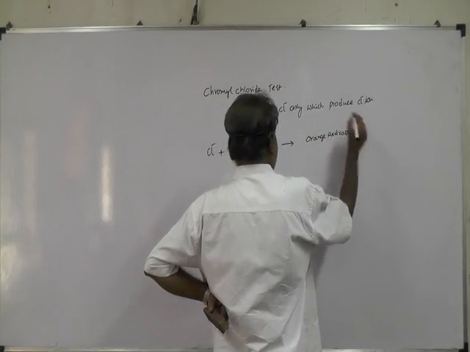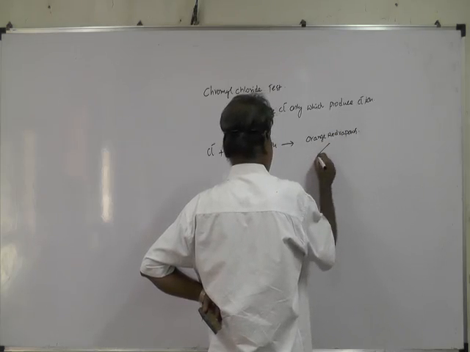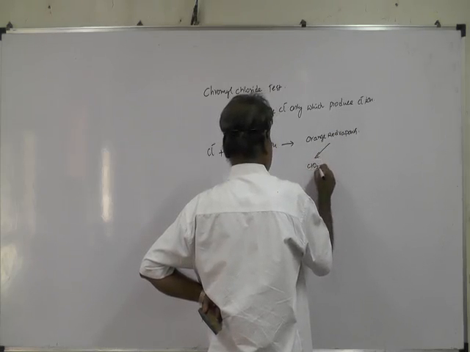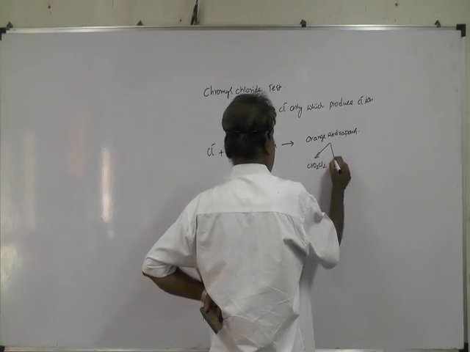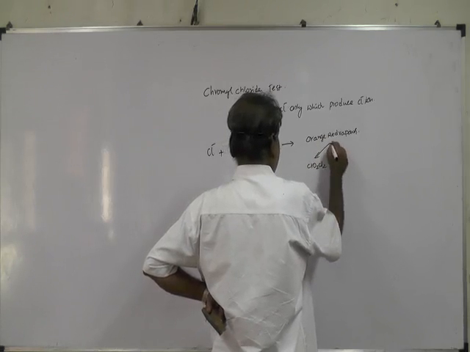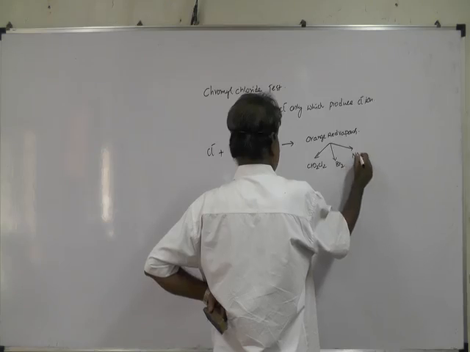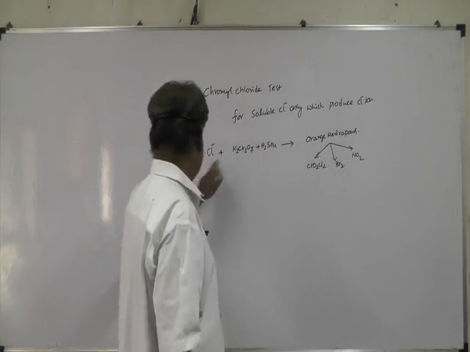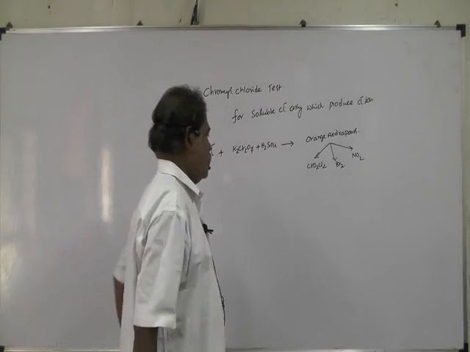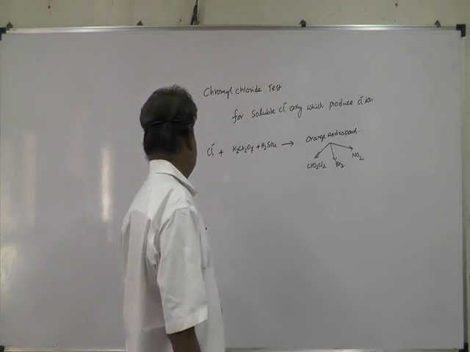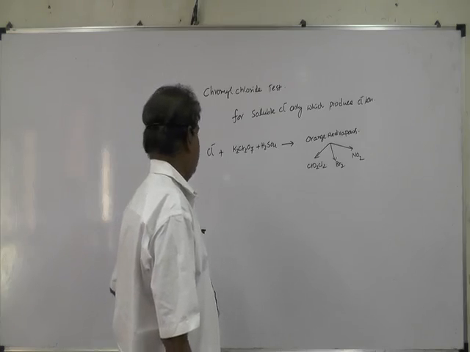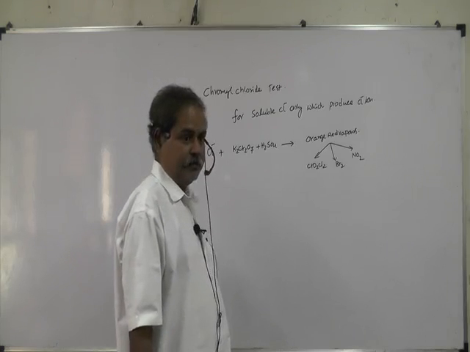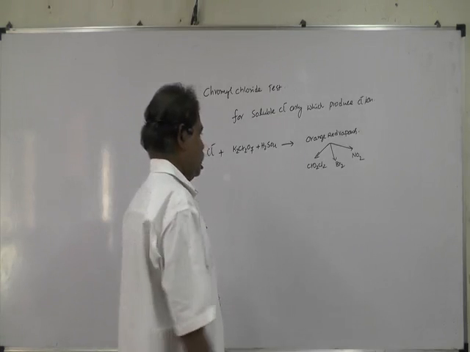The orange red vapors could be because of CrO2Cl2 or Br2 or even NO2. Assuming you have NO2 minus, you may also get that. So orange red vapors.